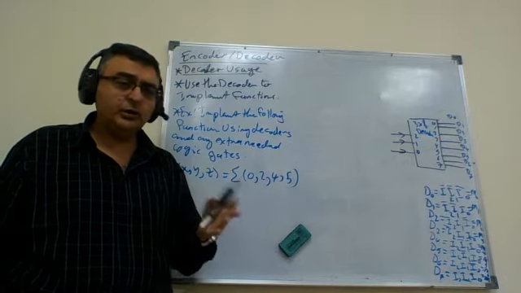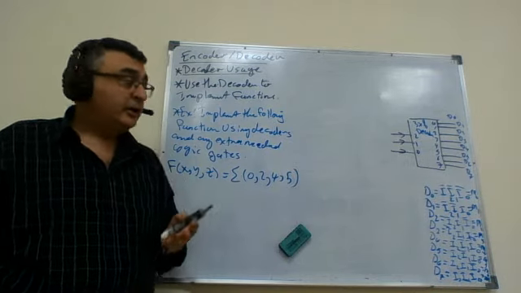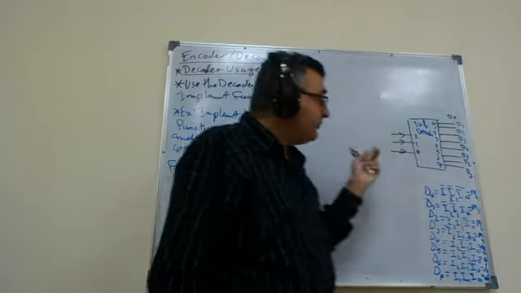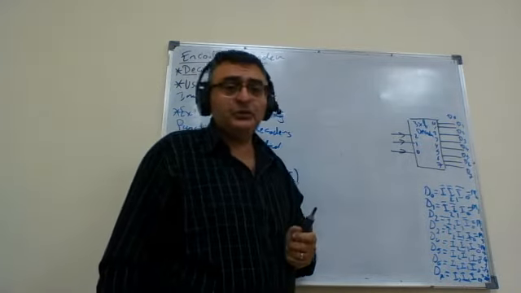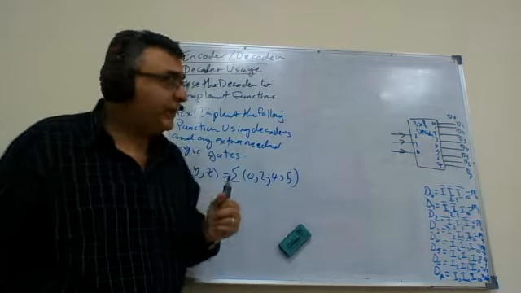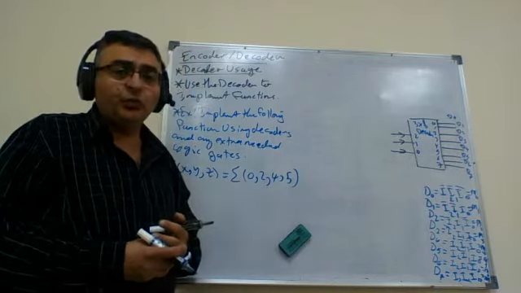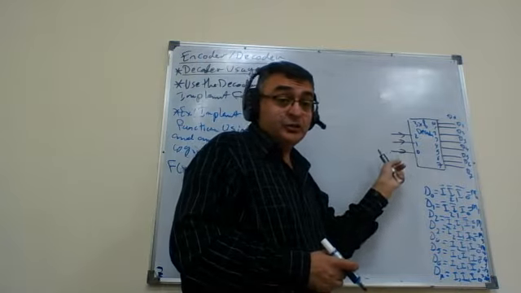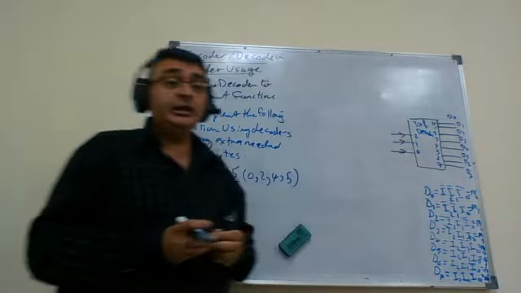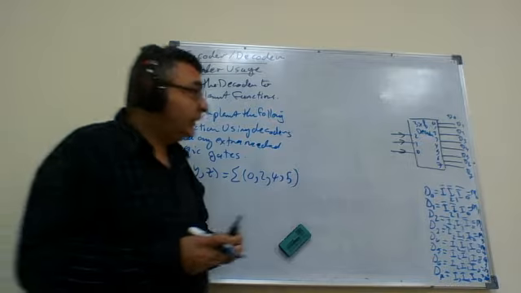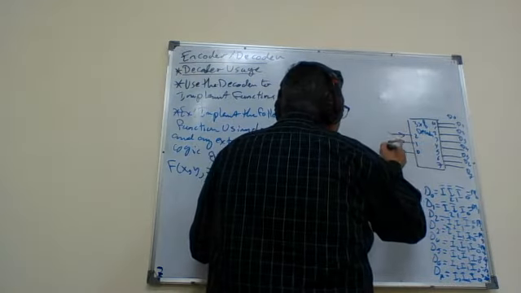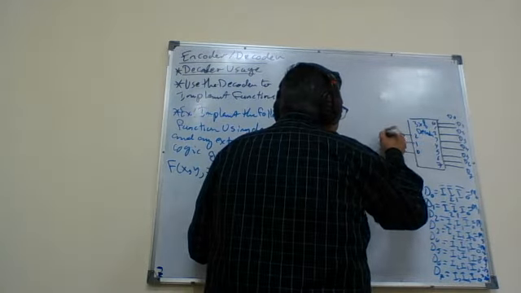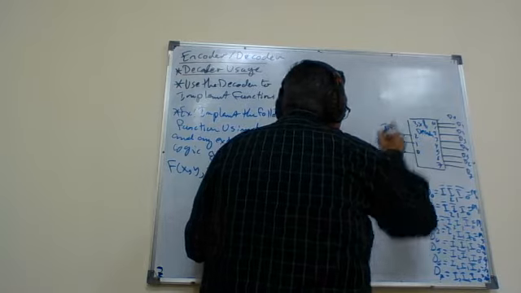Why yes or no? There is some property of the decoder that we may not pay attention to while we are designing it. The decoder as a circuit is actually giving me all the min terms of the inputs.